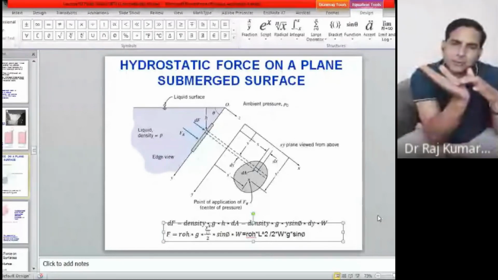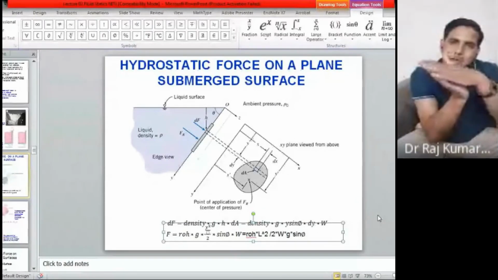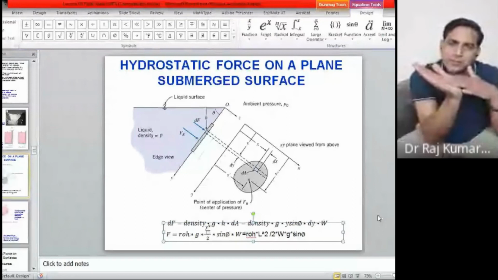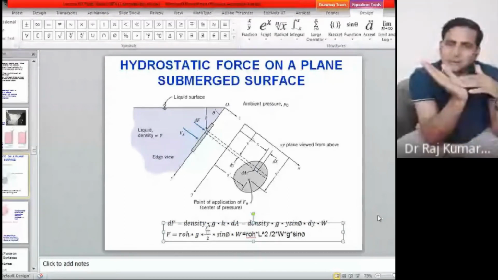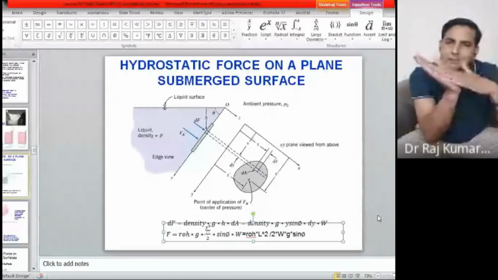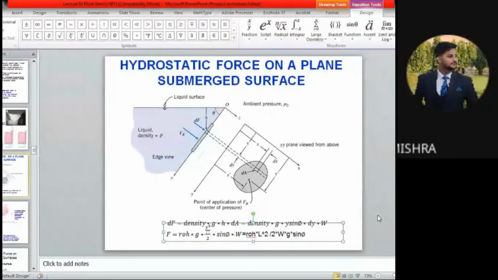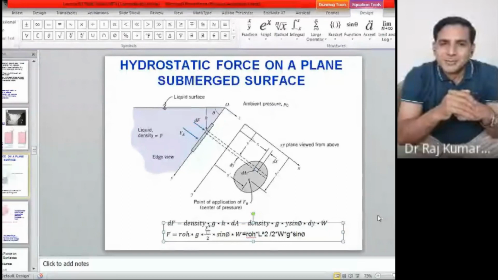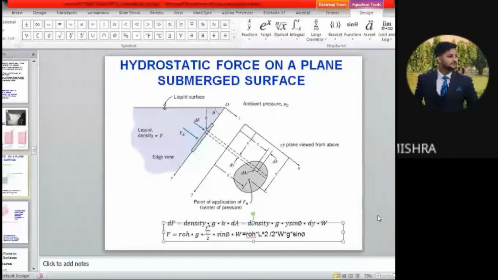Half of this is called what? Where would the centroid of this plane, the rectangle, be? The centroid of this length. Give some response. Yes, sir, half.